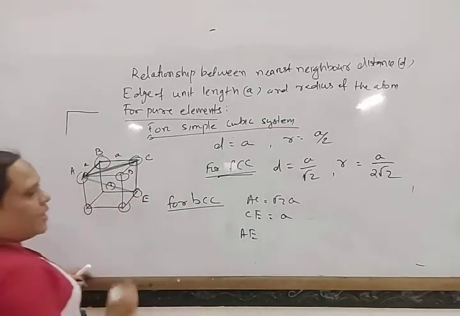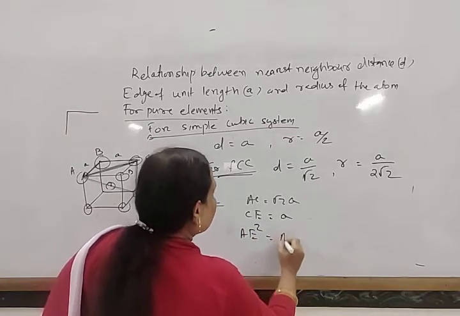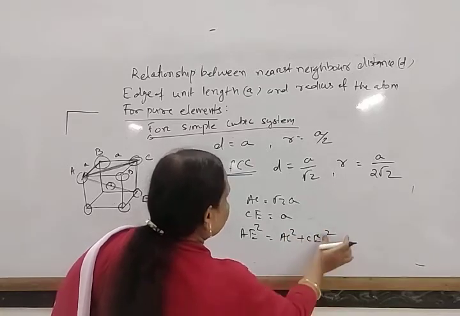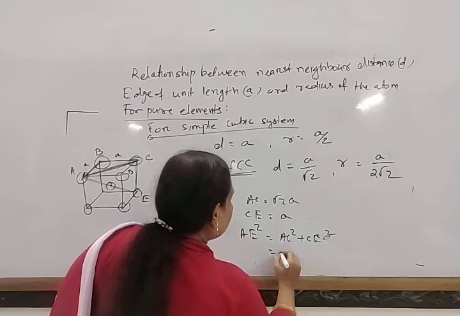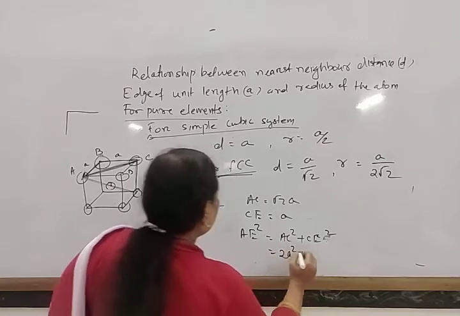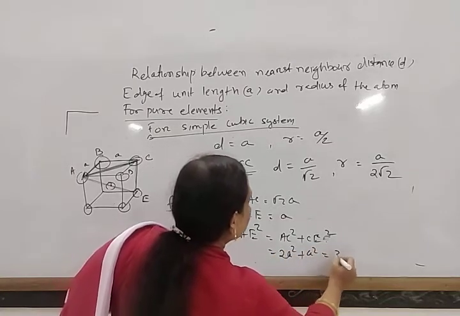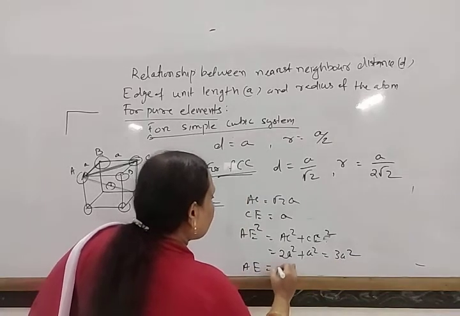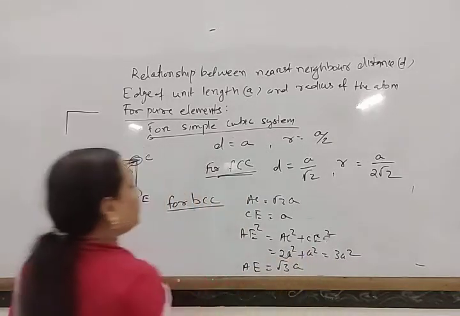What is the value of AE? So AE square equals AC square plus CE square. AC square means 2A square plus A square, that is equal to 3A square, or AE equals root 3A.